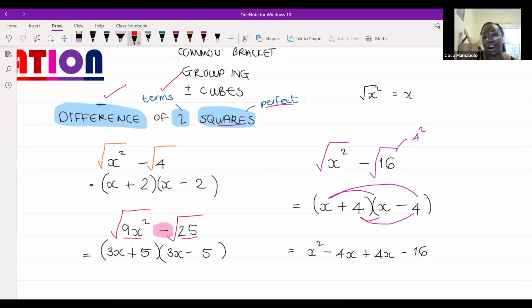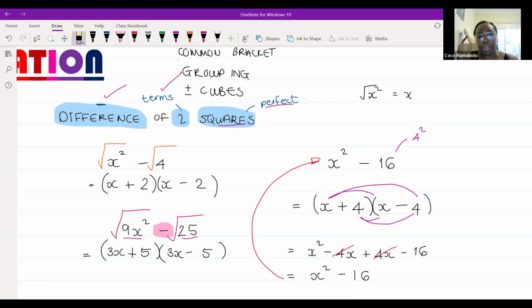Look what happens now. I know that -4x plus 4x will give me 0. And what do I have left? I've got x squared minus 16 left. Do you see how I've ended up at the very beginning? So when I factorize, I want to make sure that if I do the simplification of it, I'm going to end up with what I had at the beginning.